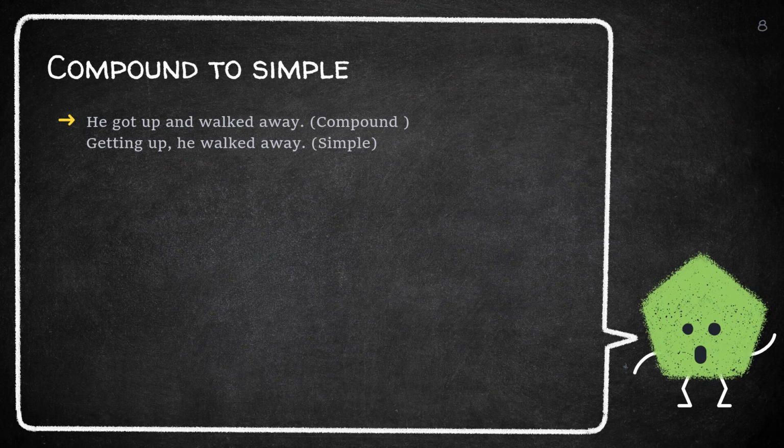Let's look at the next pair of sentences. The pain was really bad, yet he refused to see a doctor. Here again, which are the two finite verbs? First is was and second is refused. So we have to remember that we have to do away with one particular finite verb.